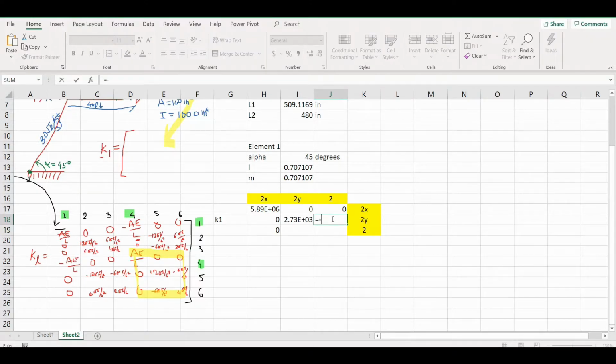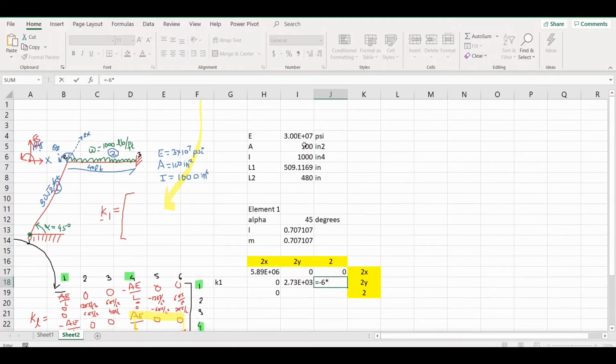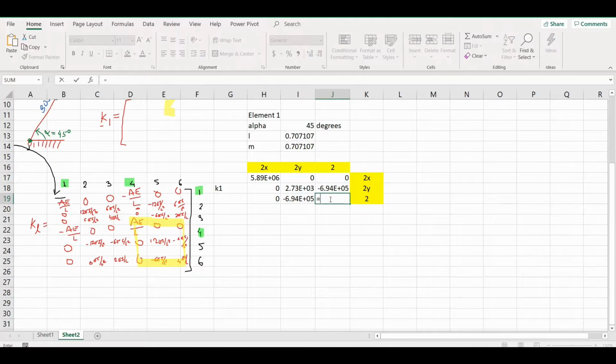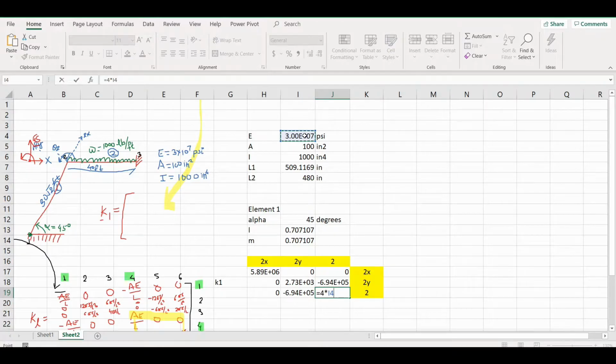This equals minus 6 by L square. This equals this, and this one is 4 times E times I by L.